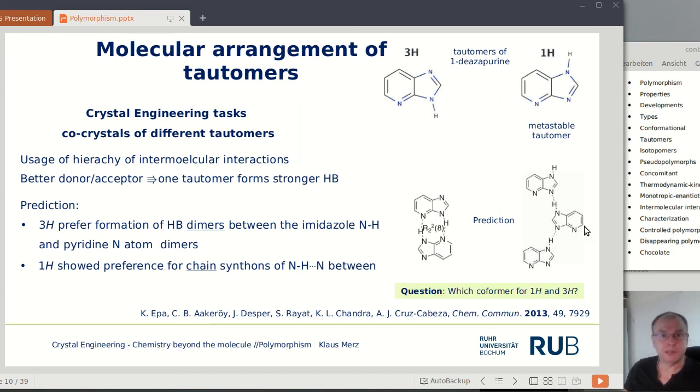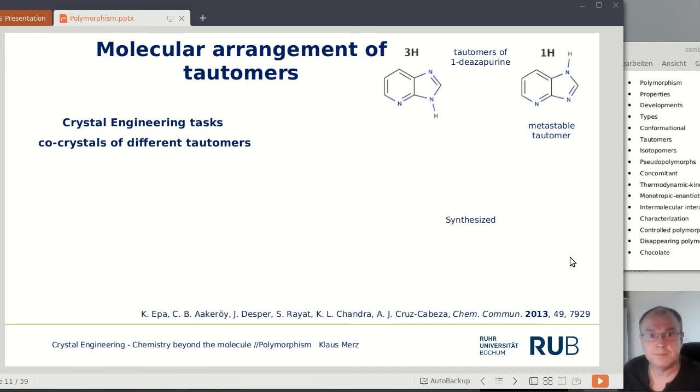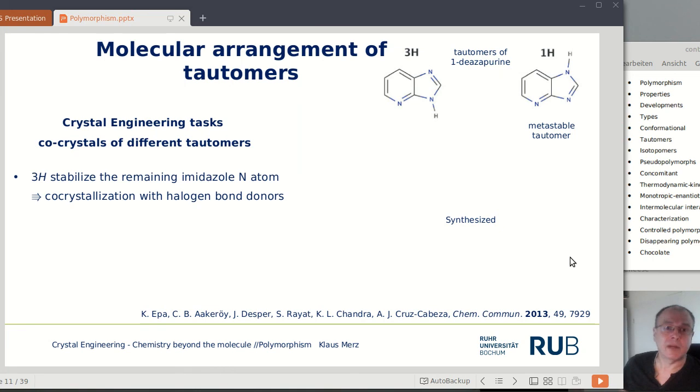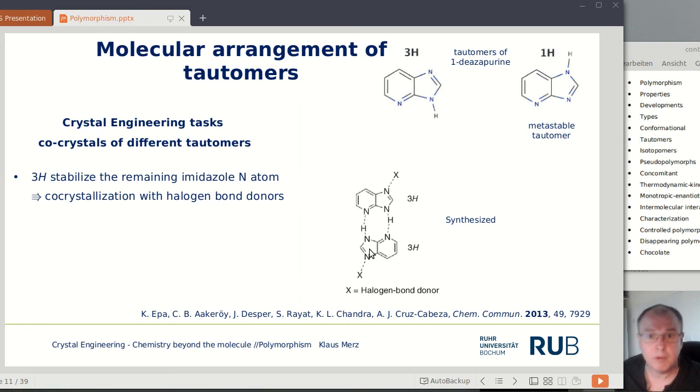How can you use it? The question is, which are suitable coformers to stabilize these systems. And the group of Acaroy, what have they done? They used a halogen bond donor to stabilize the dimer here. They said, okay, this dimer by itself will be formed. You must only stabilize it. We stabilize by halogen bond donors.